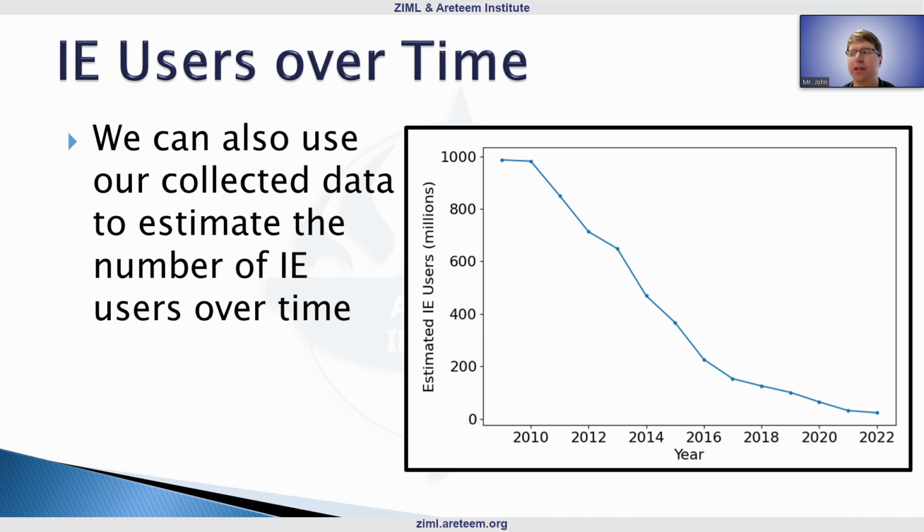So those are different things you might want to keep in mind, and it's at least interesting to consider those two metrics: total market share versus the number of users you would have at a given time.